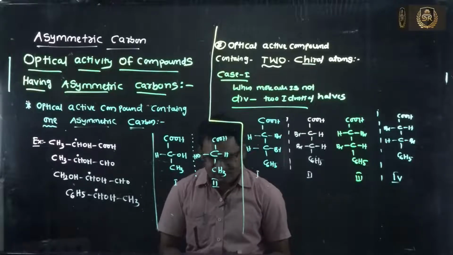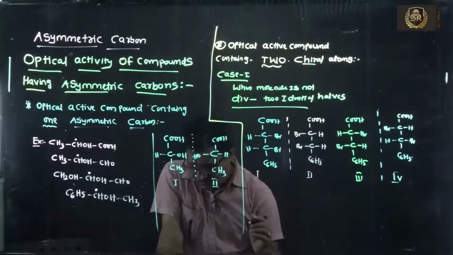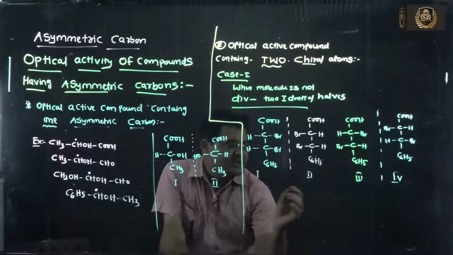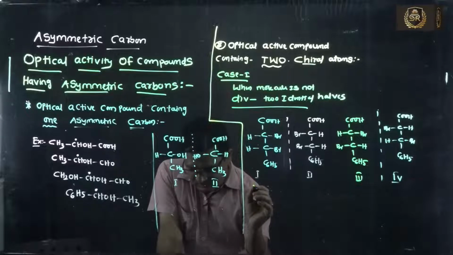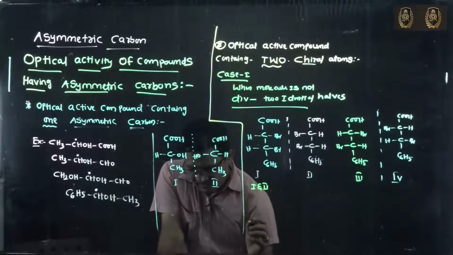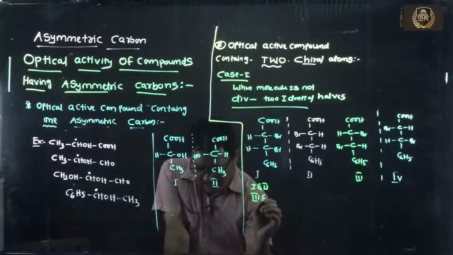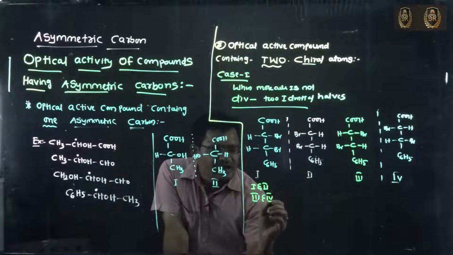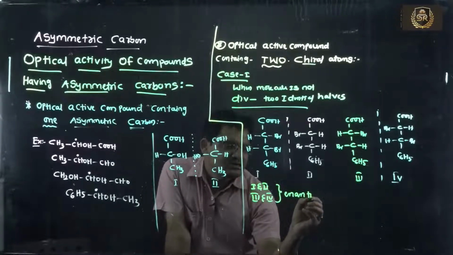Now, just observe this one. 1 and 2, 3 and 4 are enantiomer pairs.